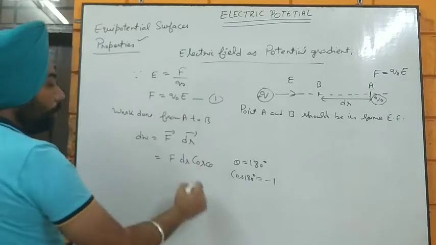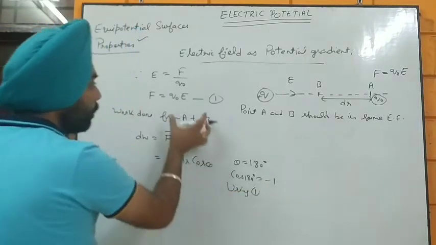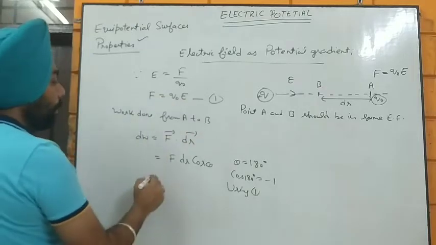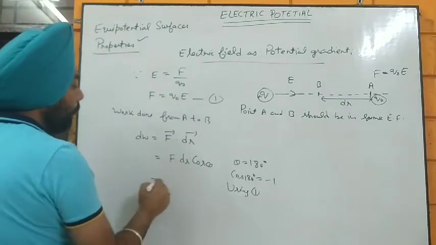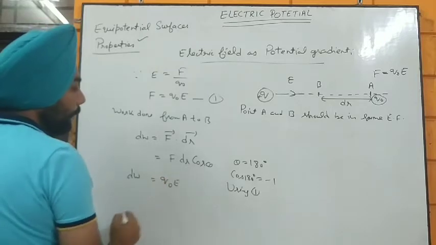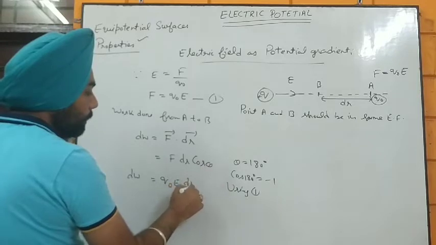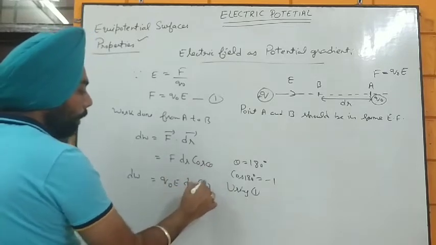And using equation 1 as well, the value of F is going to be q naught E, and cos theta is going to be -1.